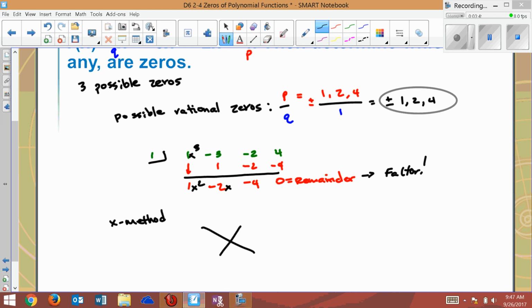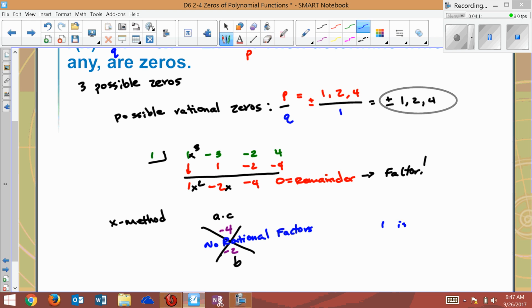So I could say factors of a times c that add up to b, which in this case, my value for a is 1, c is 4, so we'd have 1 times negative 4, and then we have negative 2 here. What are factors of negative 4 that add to negative 2? Well, there's no rational factors. So that means the only rational factor is positive 1 that we found right there.